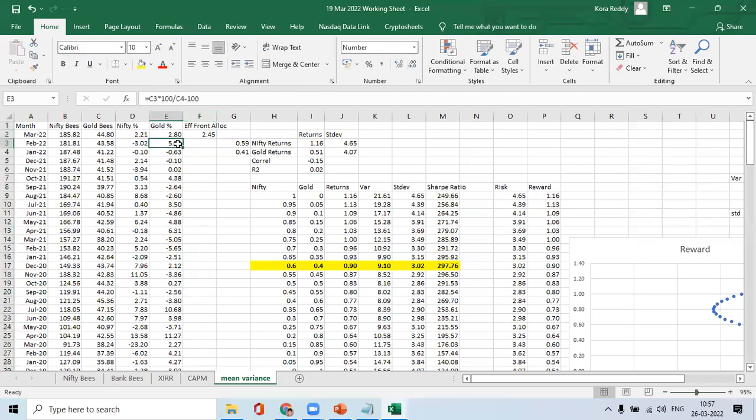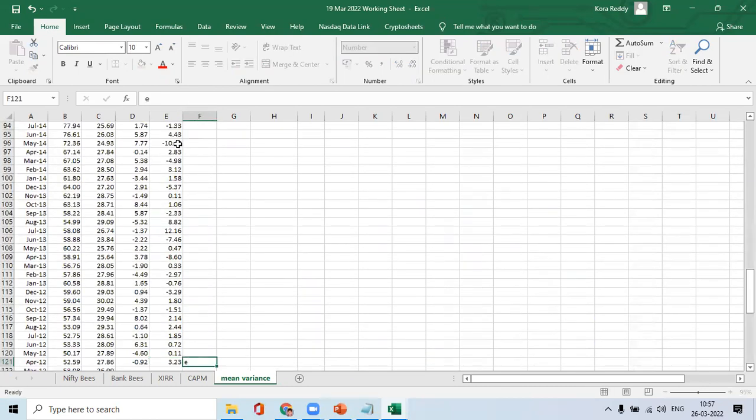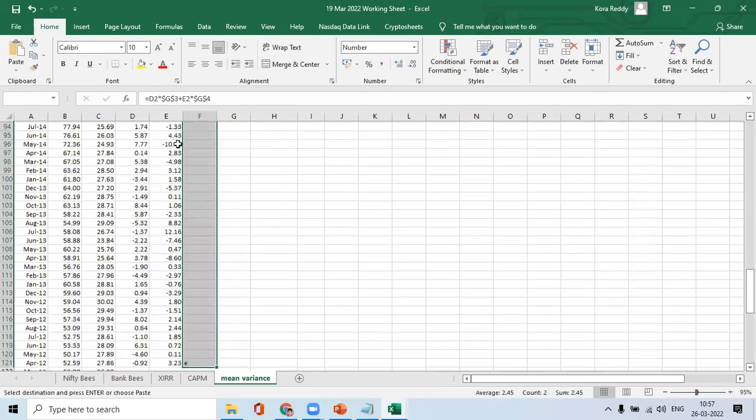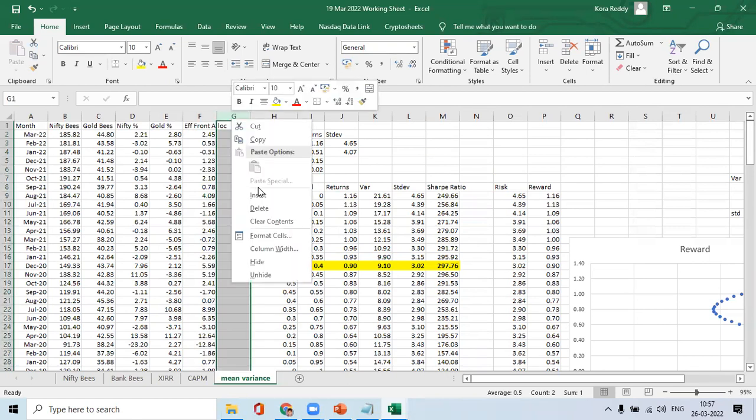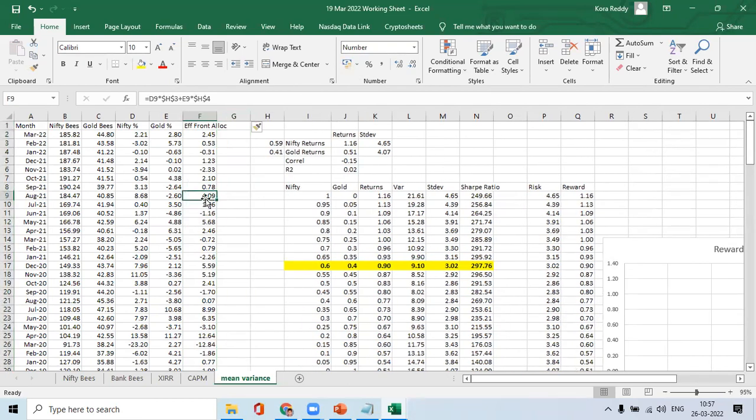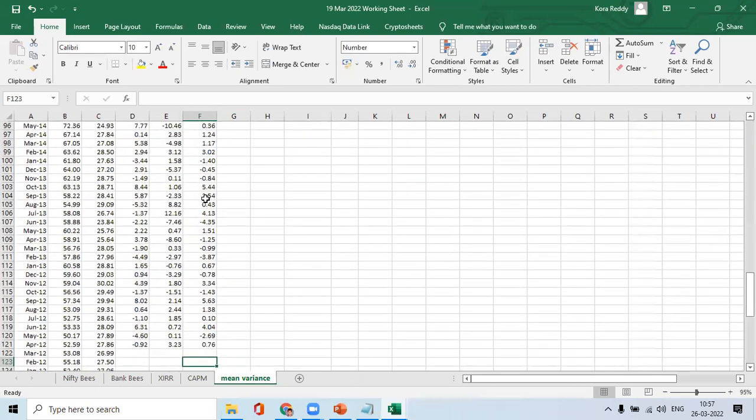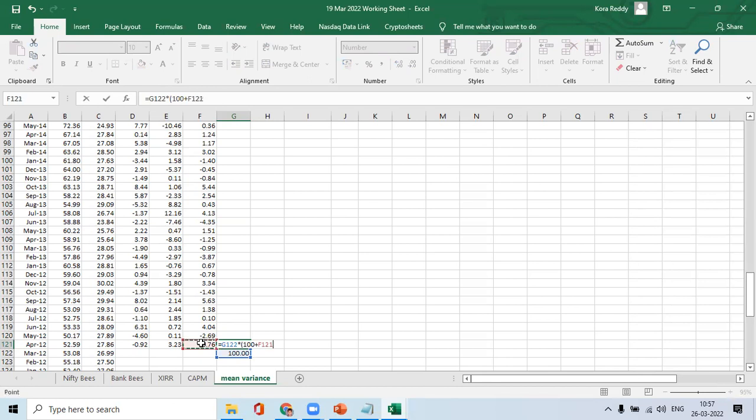Right, so because I put 59 in Nifty and 41 in gold, I got 2.5%. I'll do this for all the years. And you also can do your 100 becomes analysis, right? You started with 100. This into 100 plus this.